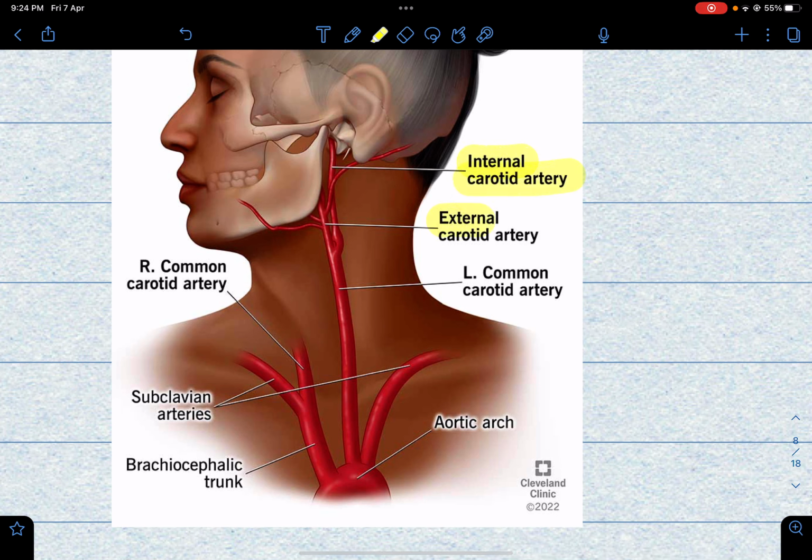It lies between the two anterior bellies of the digastric muscle, and superiorly the mandible, right? And inferiorly is going to be the hyoid bone.